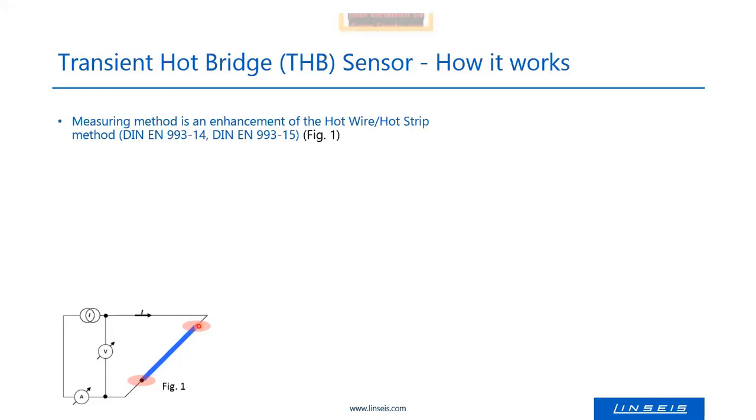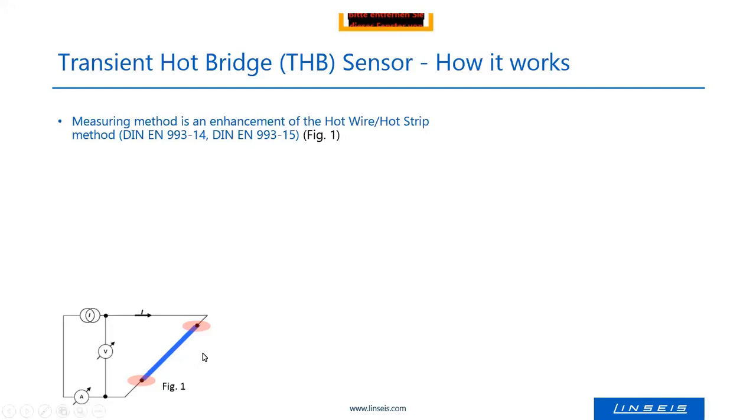So you have here a wire or a strip, put it on the sample surface, and then you heat up and measure the temperature increase of this wire. This can be done in two ways. The wire itself can measure the temperature increase because the resistance will change when the temperature increases. But there can be also another wire at a certain distance to this heating wire to measure the temperature increase at a certain distance to the heat source.